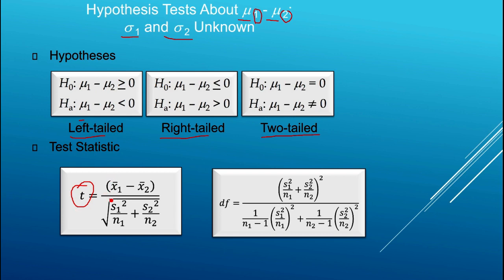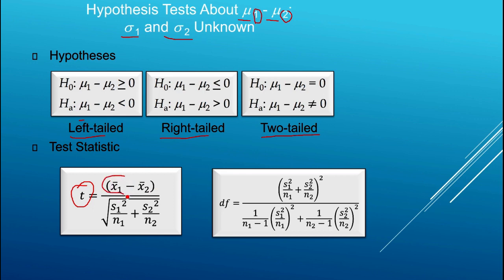In the numerator of the t-statistic is the estimate of mu1 minus mu2, which is our best guess, which we find just by taking the sample means and plugging them in for the mu's. So our best guess of the difference between the population means is the difference between the sample means. So there you go in the numerator.